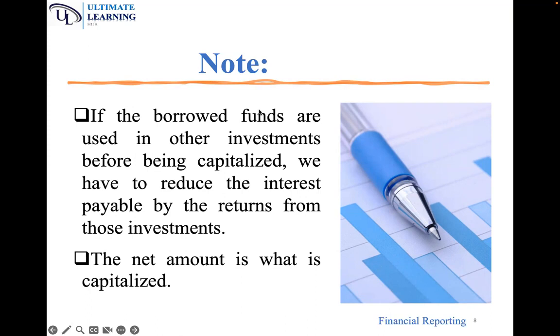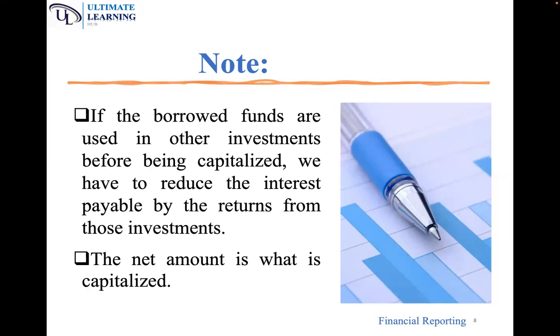What is a qualifying asset? A qualifying asset is an asset that takes a significant period of time to be ready for use. And then we have said, when does capitalization start? What we call commencement of capitalization. Capitalization starts when three conditions are met. Expenditure on the asset is being incurred, borrowing cost is being paid, and number three, activities that are ready to prepare the asset for use are in progress.